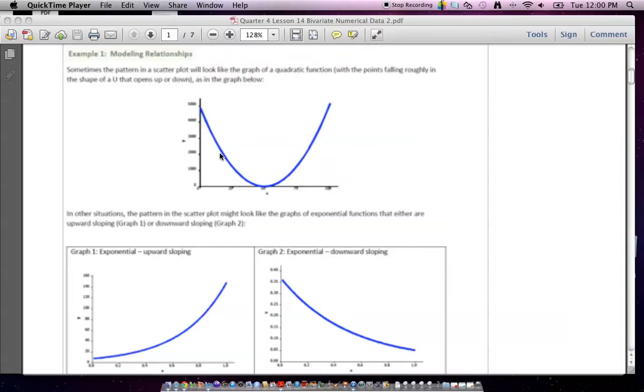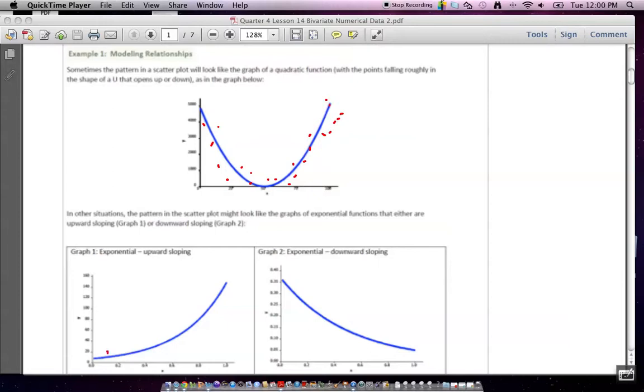So, sometimes the pattern in a scatter plot will look like the graph of a quadratic function with all the points falling roughly in the shape of a U. And sometimes it's an exponential sloping upwards, sometimes it's an exponential sloping downwards. What these graphs might look like would be something like this. You might have a scatter plot that clearly doesn't look like a line.